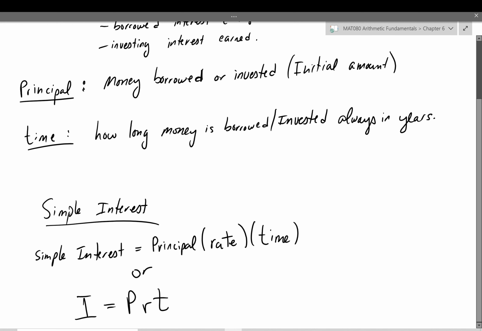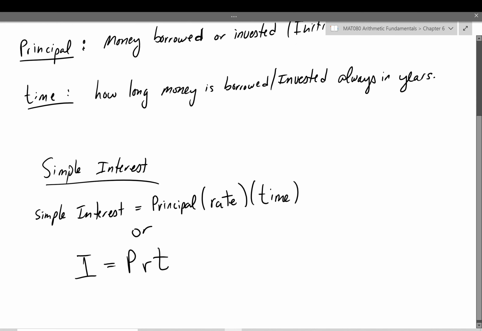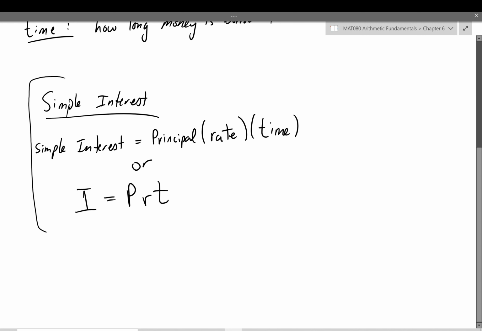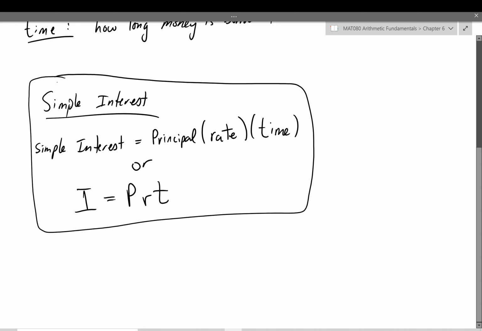Now, the formula for simple interest is right here. So I'll block it in. Simple interest is going to equal the principal times the rate times the amount of time, or in symbols, I equals PRT. Okay? So let's just look at some very simple problems.